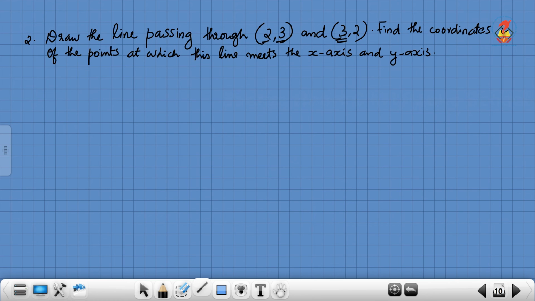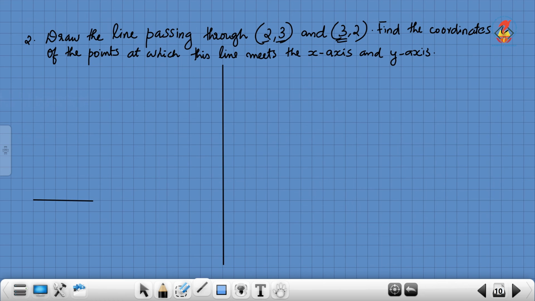Next, the second one: draw the line passing through (2, 3) and (3, 2). Find the coordinates of the points at which this line meets the x axis and y axis. First we need to draw the x axis and y axis.